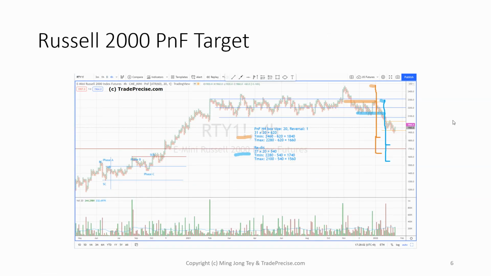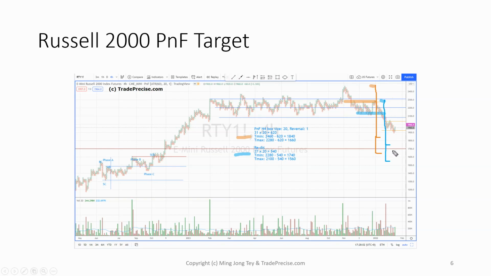Okay, so these are the price targets for the Russell 2000, based on just two segments. I didn't count all the way back to last year, January, February, but I just took one segment here, from the upthrust of the distribution. So there's just one segment, and then the other segment is just underneath here.